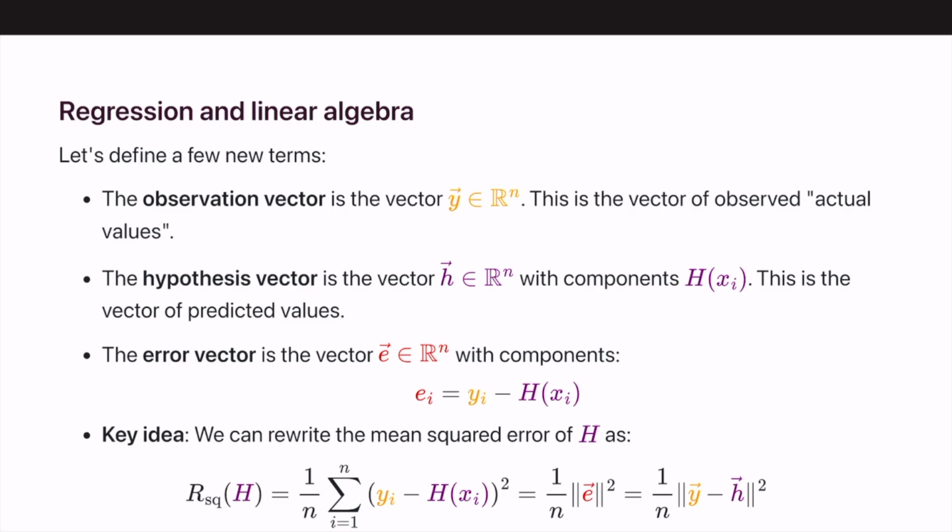And this now represents that, well, at least in this case, we're talking about mean squared error, of course, but the key idea for mean squared error in this case being that mean squared error of the hypothesis function is just 1 over n times the length of the error vector, squared. And we saw that because we did this operation of taking the observation and subtracting the hypothesis, or our predicted values from it.